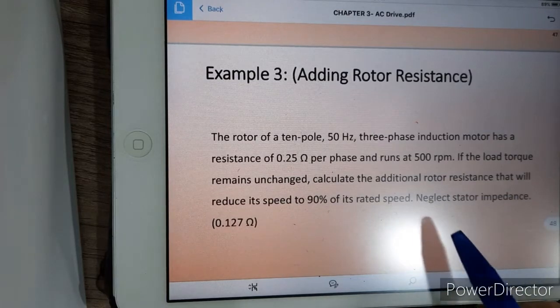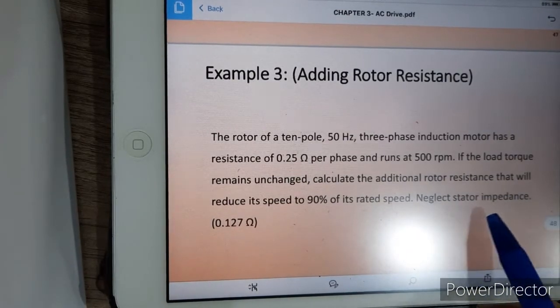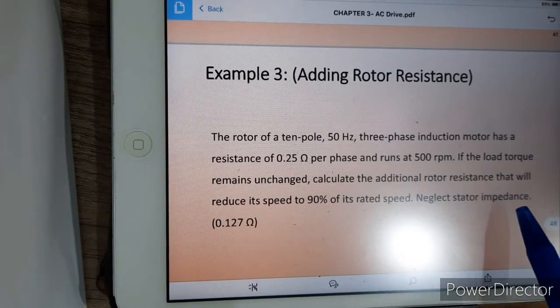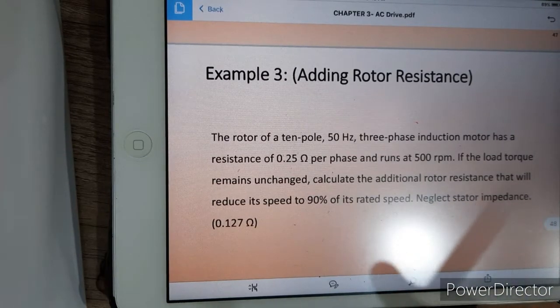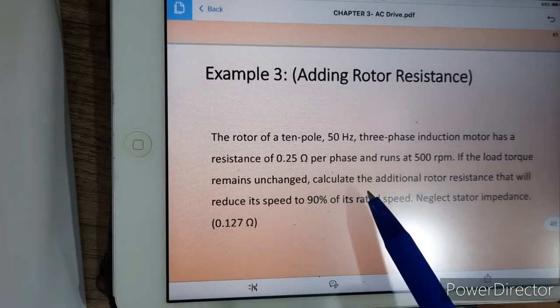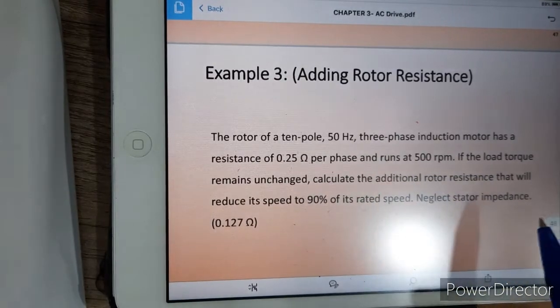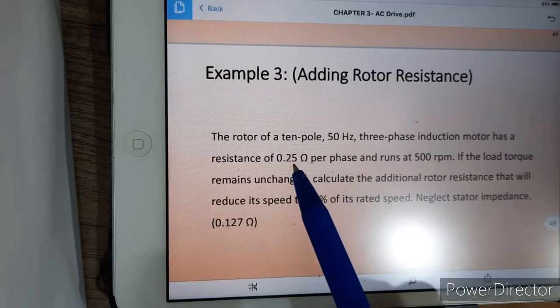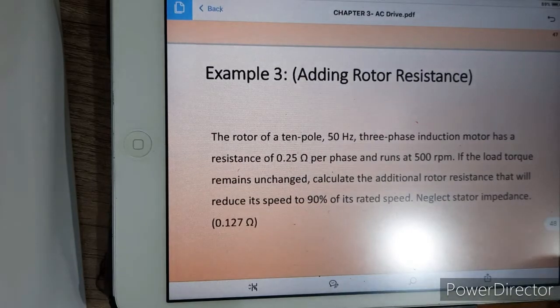So in this question we have to neglect the stator impedance, which is R1 and X1. Also X2 is not given in the question. So the only resistance given is the rotor resistance, which is R'2.